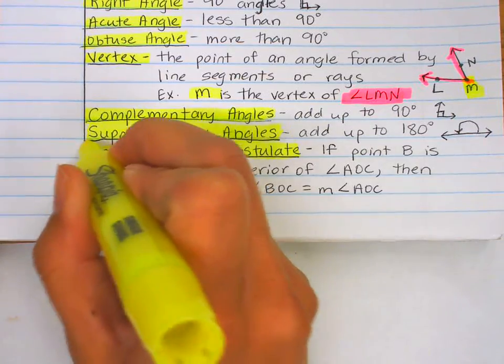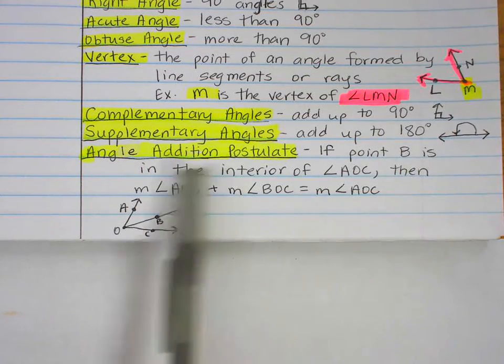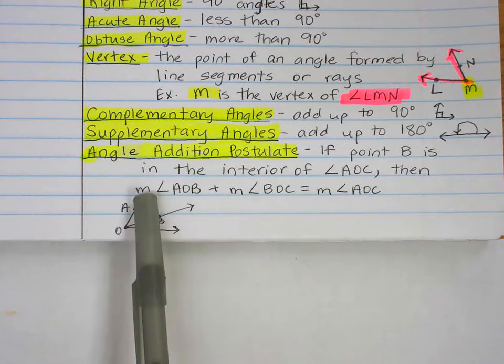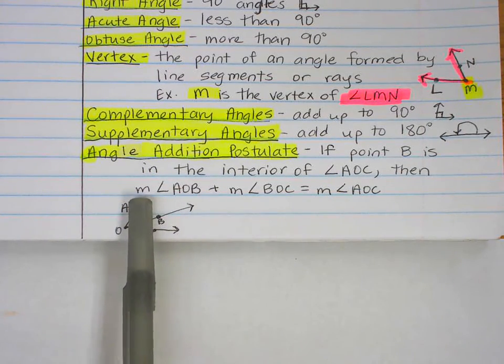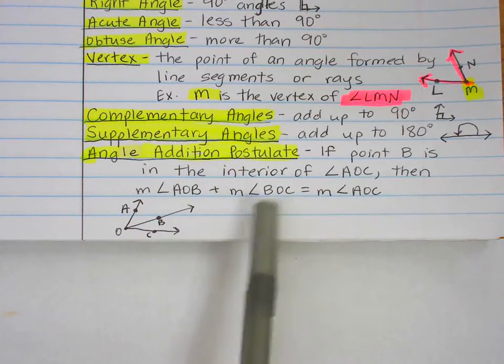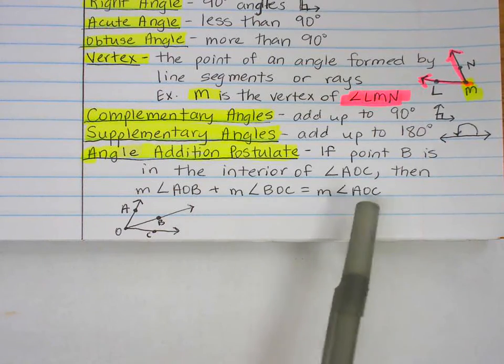And when you learn it, it should kind of feel like common sense, like, oh yeah, that makes sense. So it says, if point B is in the interior of angle AOC, then the measure, M is for measure, measure of angle AOB plus measure of angle BOC equals measure of angle AOC.